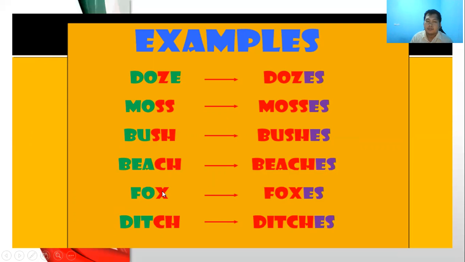Okay. The last one is ditch. Ditch ends with ch, so we have to add es at the end of the word, so it becomes ditches. Always remember, you only have to add s or es at the end of the word. Okay, it's always in the end.